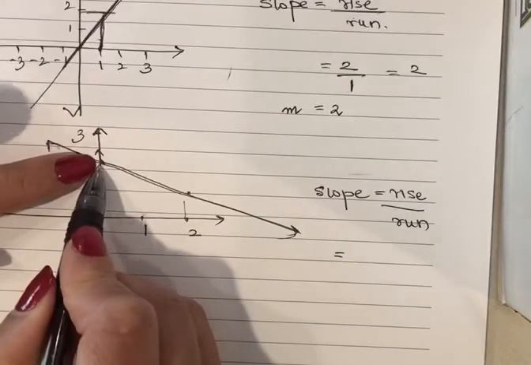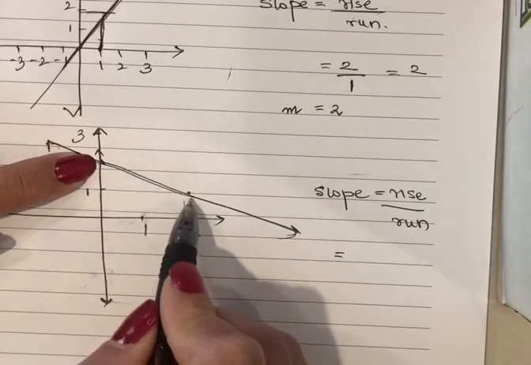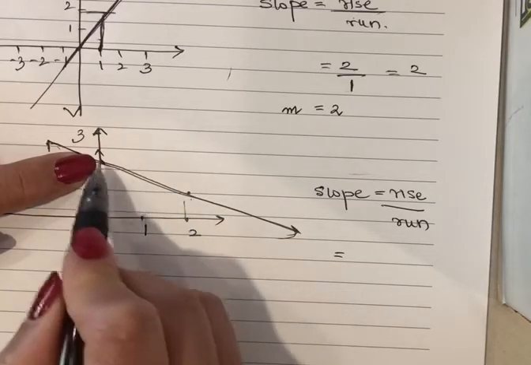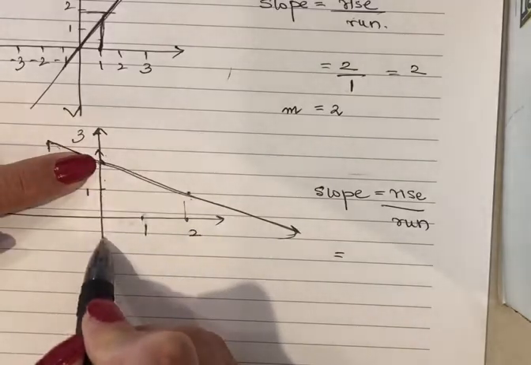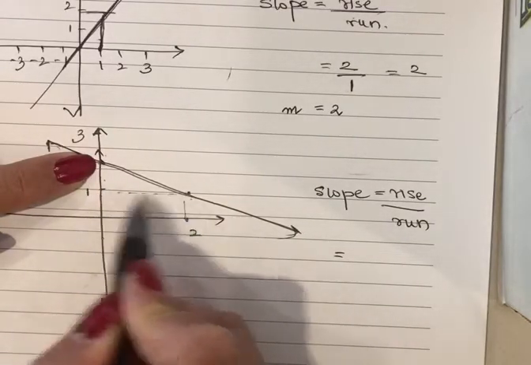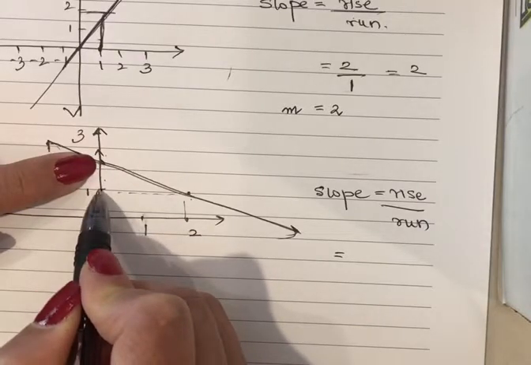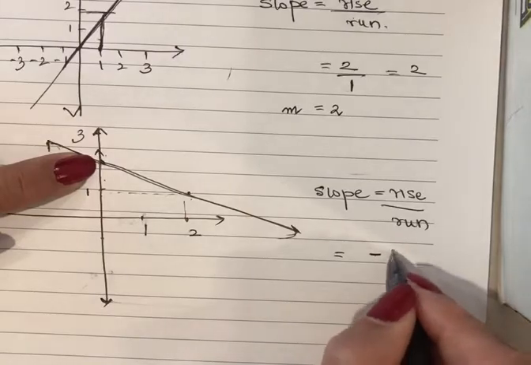Now if this is my starting point, I have to move towards my second point. If I were to look at the rise, I'm not going up, I'm actually going down. So I am going down 1 unit. If you're going down, that means it is negative 1.